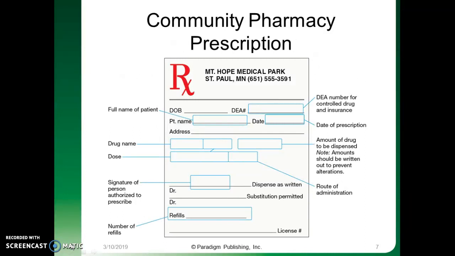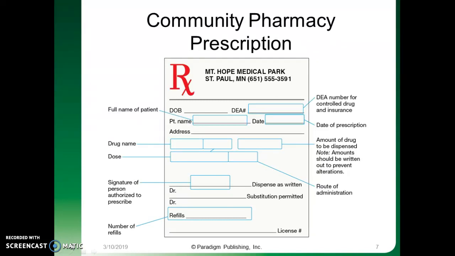So the hospital and the retail pharmacy will have some similarities but also some differences, and here is what they are. So here you have a community pharmacy prescription, sometimes referred to as a retail pharmacy. So this is a pharmacy outside of a hospital or a nursing hospital or a convalescent hospital. This is what a prescription most likely will look like.